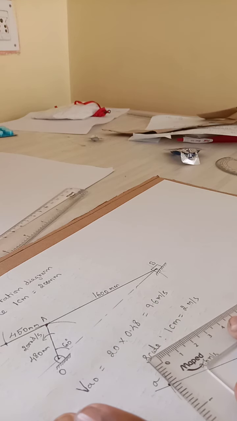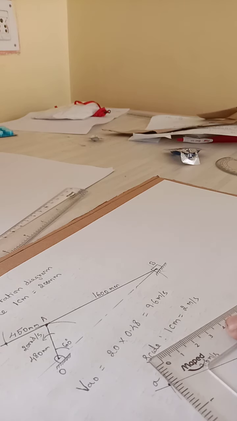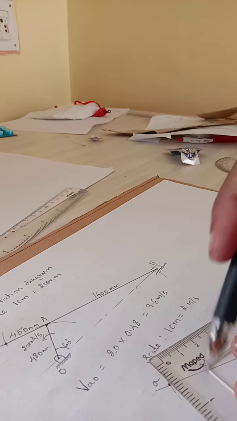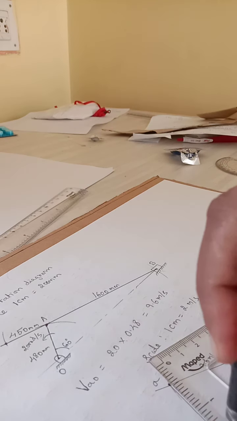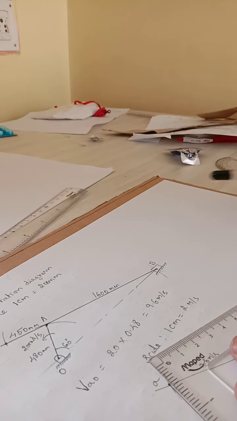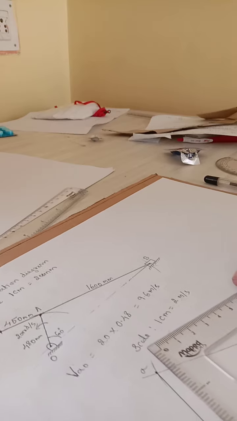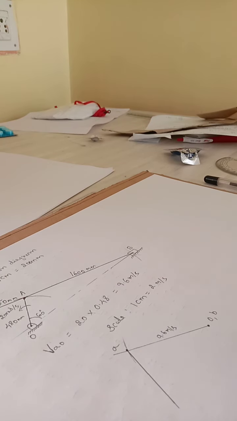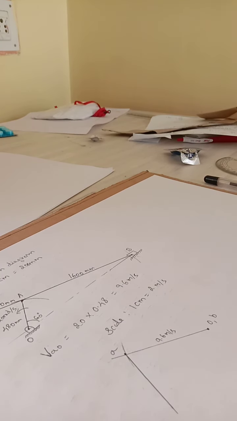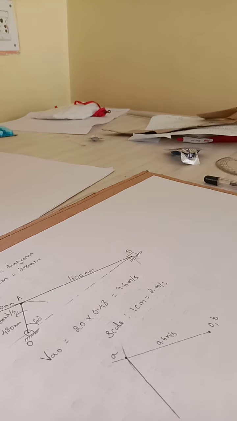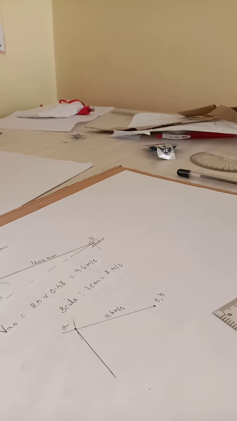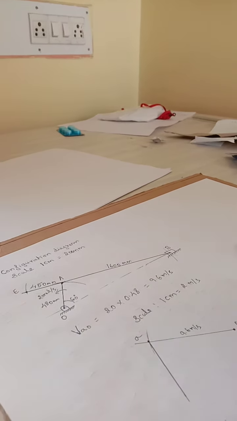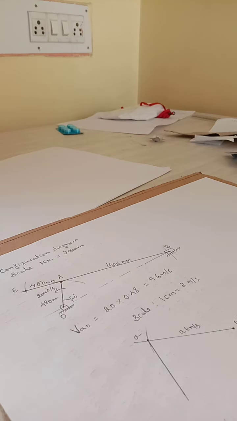So now this is the direction of VBA. I know the direction, I don't know the magnitude, so I am just drawing the vector in this direction for some arbitrary length.